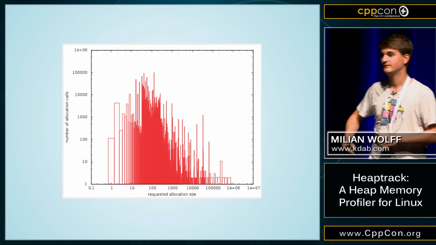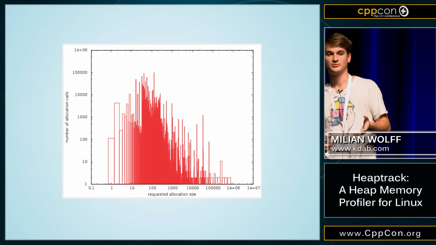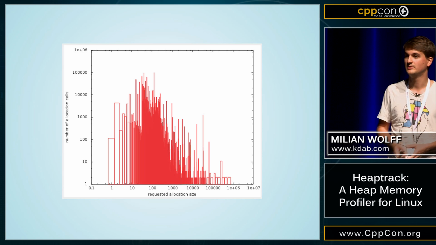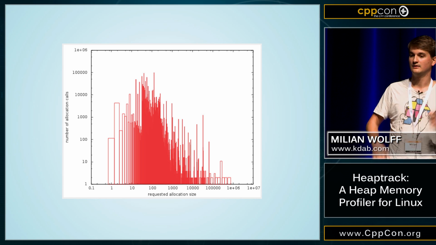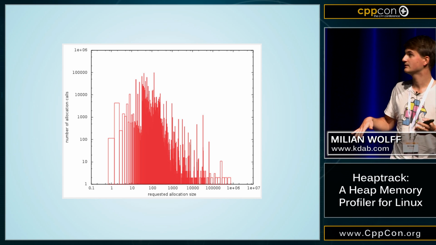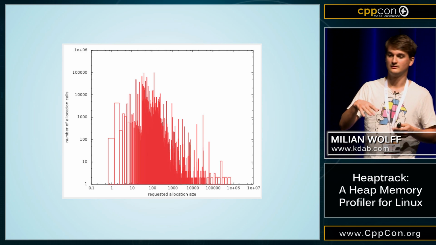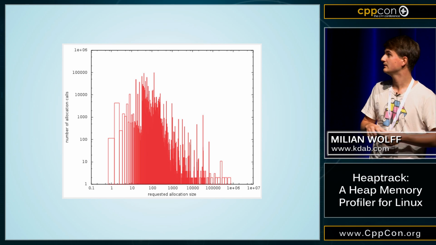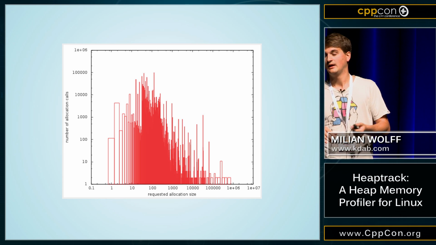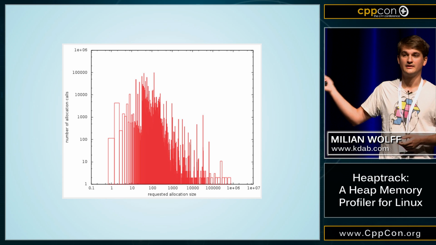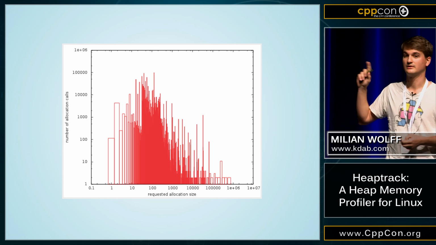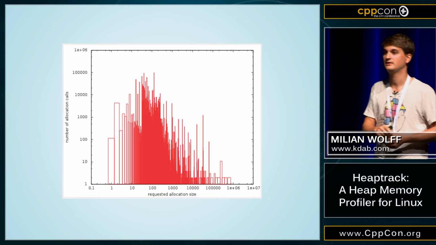One thing that I haven't yet added to the Heaptrack GUI, but I plan to, it's super simple to do, is getting a histogram. So in the sense of what sizes have been requested by your application and how often. And here, this is a very sad bar chart for me, or histogram, because this is every typical Qt application.